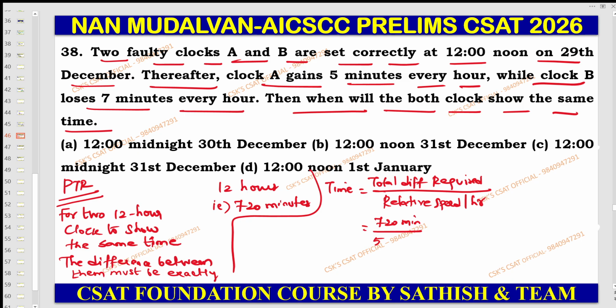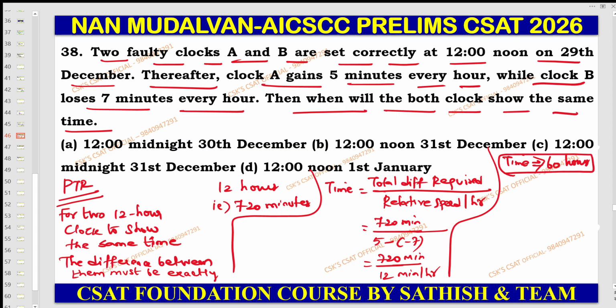Both are not moving in the same direction, so it is minus 7. So 720 by 12 minutes per hour. The numerator is minutes and the denominator is minutes per hour. If you cancel, the time is 60 hours.